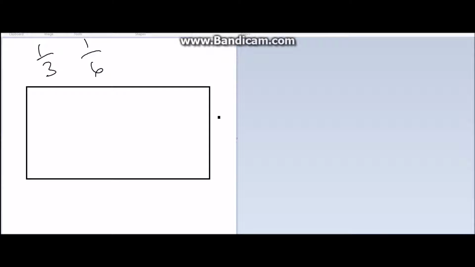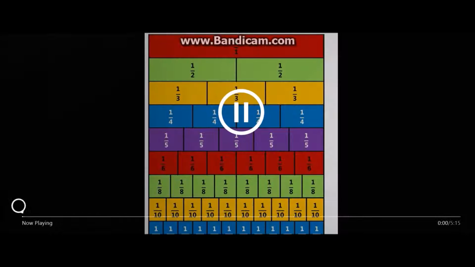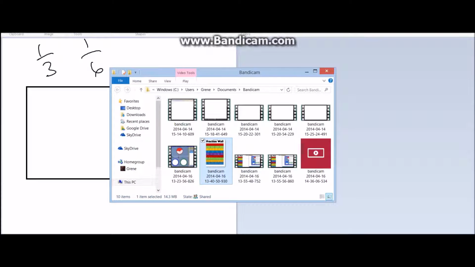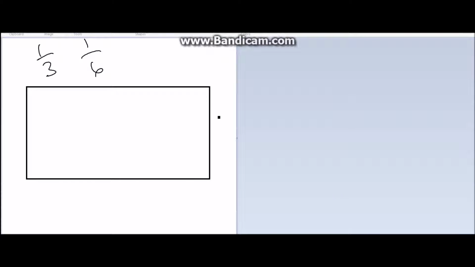If we remember from our fraction wall, we can actually have equivalent fractions between a third and a sixth, which is really kind of cool. So what we can do is split this up into 6 parts.